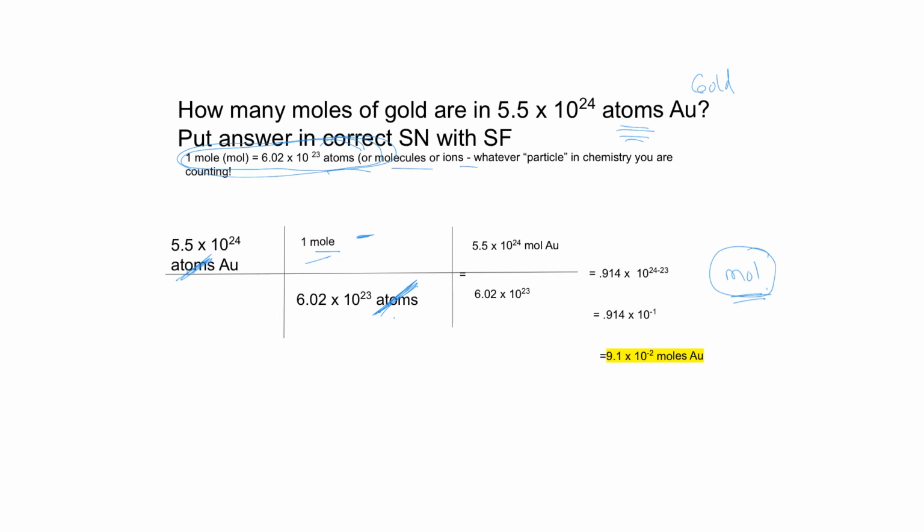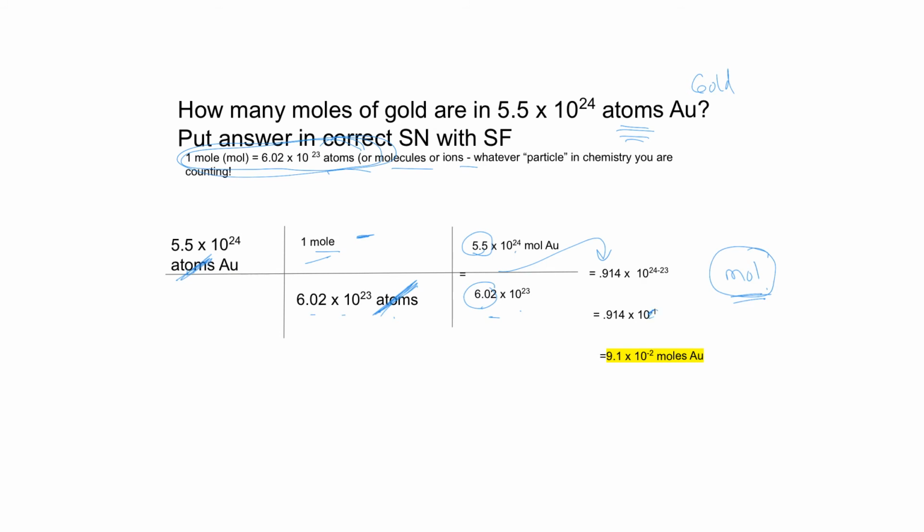Now I have to use my math skills. 5.5 times 10 to the 24 divided by 6.02 times 10 to the 23. So 5.5 divided by 6.02 is 0.914. And then what do you do with exponents when you divide? You got it, you subtract, right? So this is 24 minus 23.